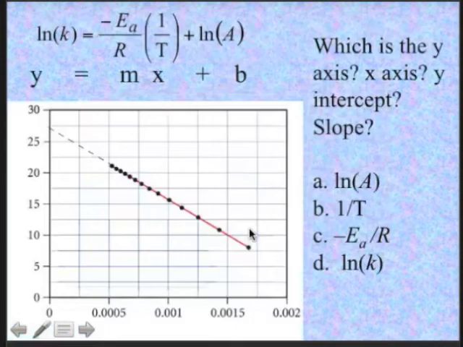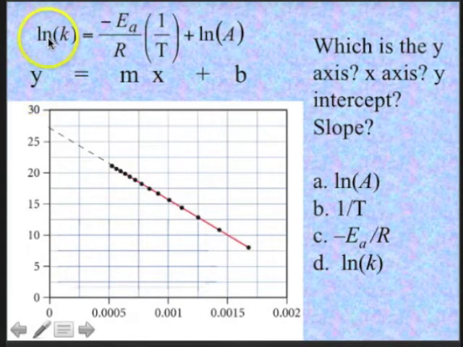If we plot those data using the Arrhenius equation, where y represents the natural log of the rate law constant and the horizontal axis x is 1 over the temperature, then we can figure out the energy of activation for the reaction.